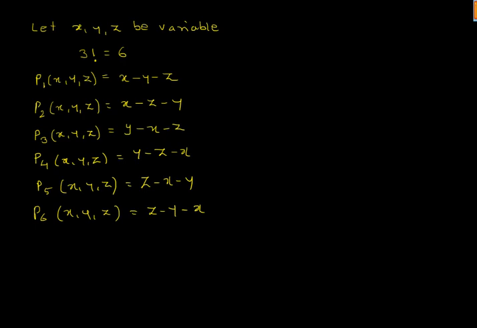But if we observe these 6 polynomials, just see, these two polynomials are equal. That means P1 is equal to P2. These two polynomials are the same. Therefore, P3 is equal to P4. And these polynomials are also giving the same answer. Therefore, P5 is equal to P6.